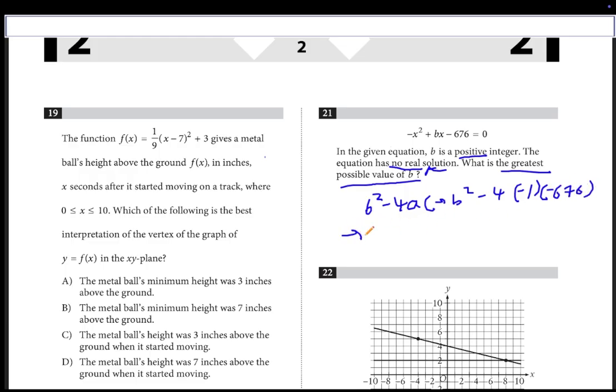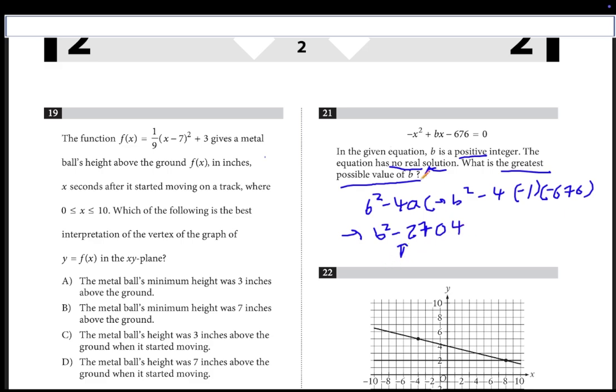Simplify that, we're going to have b squared minus 4 times negative 1 times negative 676. So 4 times 676, that's going to equal 2,704. That's going to equal our value for the discriminant.